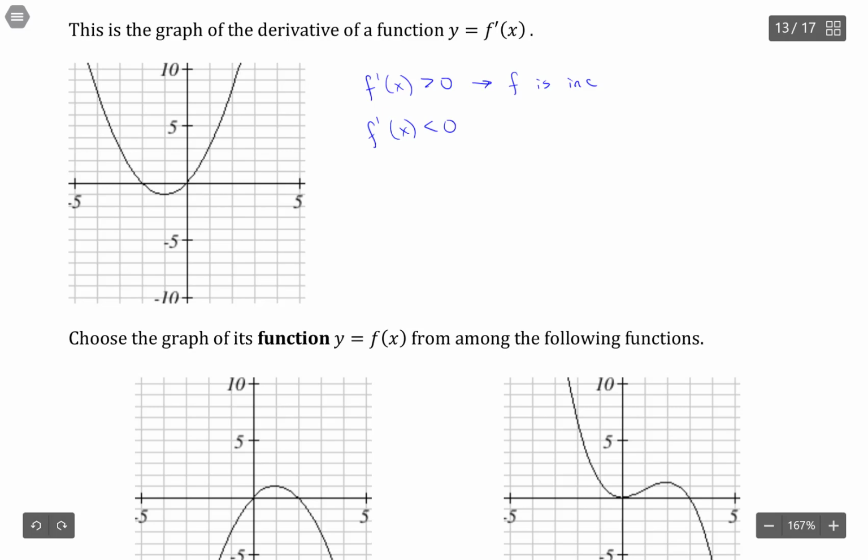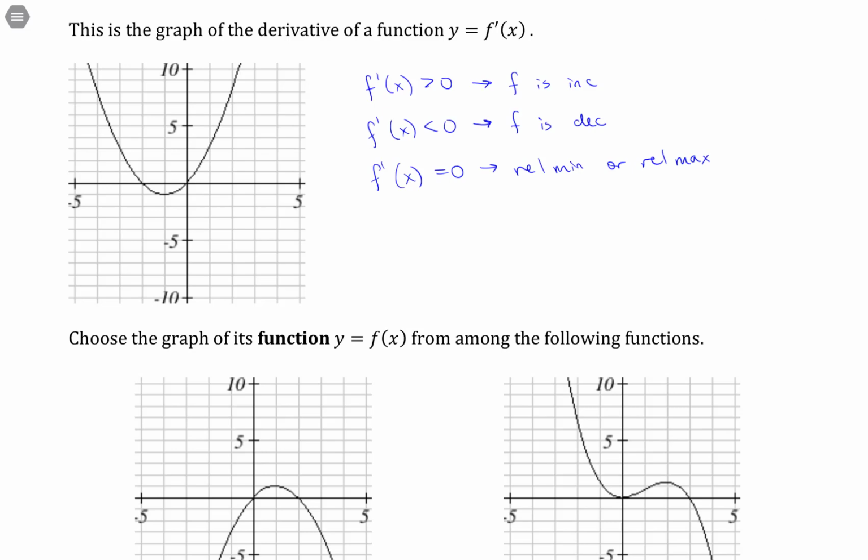Wherever a derivative is less than 0, that tells me the original function is decreasing. Whenever a derivative is equal to 0, then I have a relative minimum or relative maximum, or possibly neither, depending, but there's a critical number there.